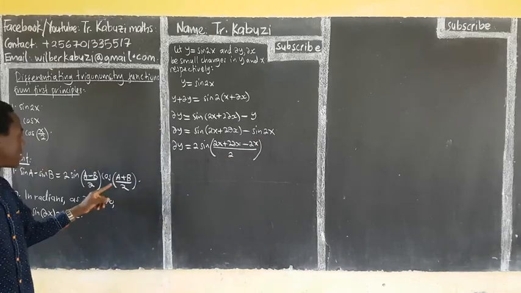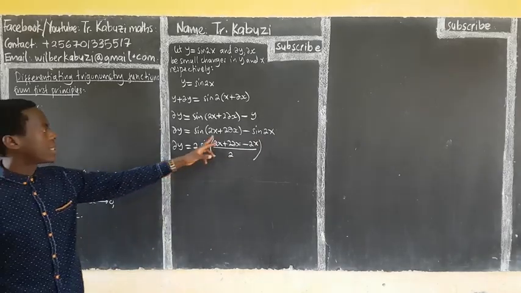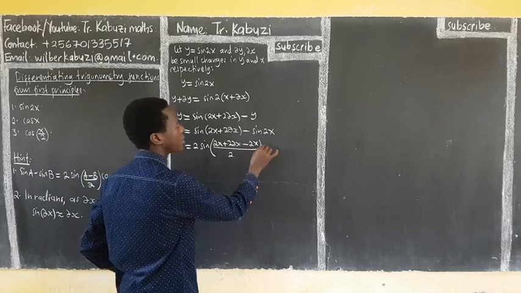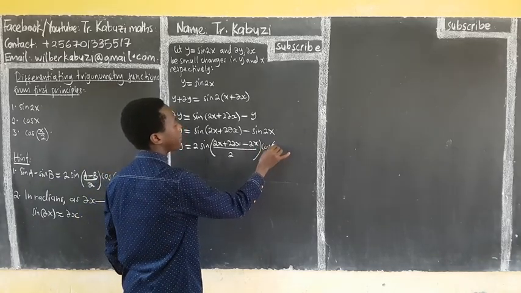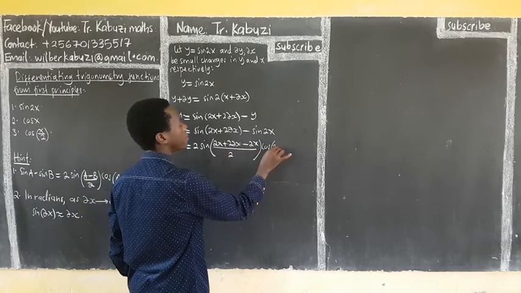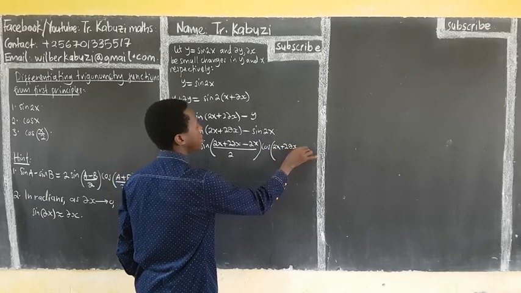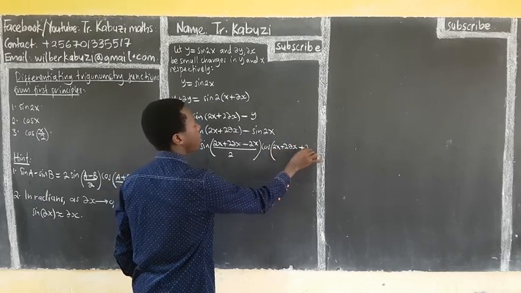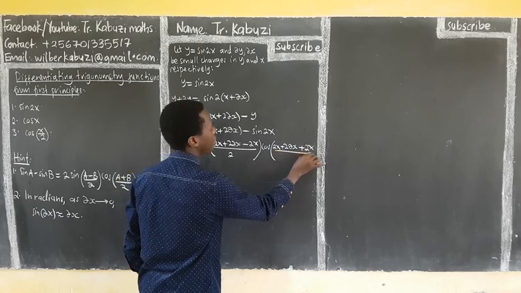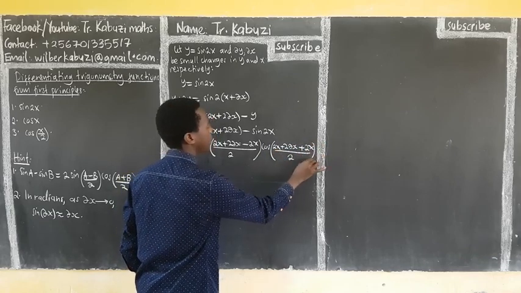Then we get cos, and we add these angles. This is our A, this is our B. So this will be cos of this angle, 2 delta x, plus this angle, 2x, now over 2.